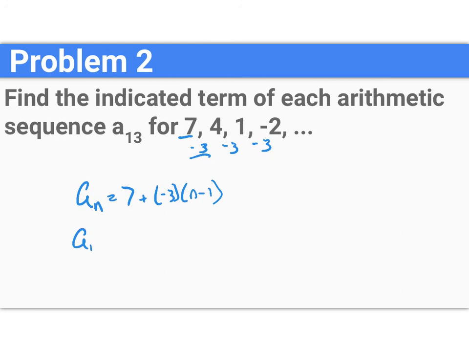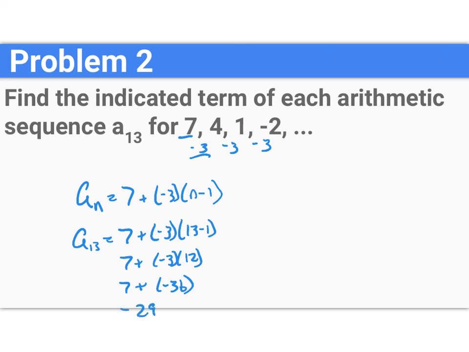We're looking for a of 13, which equals 7 plus negative 3 times 13 minus 1, which is 7 plus negative 3 times 12, which is 7 plus negative 36. 36 minus 7 happens to be 29, negative 29.